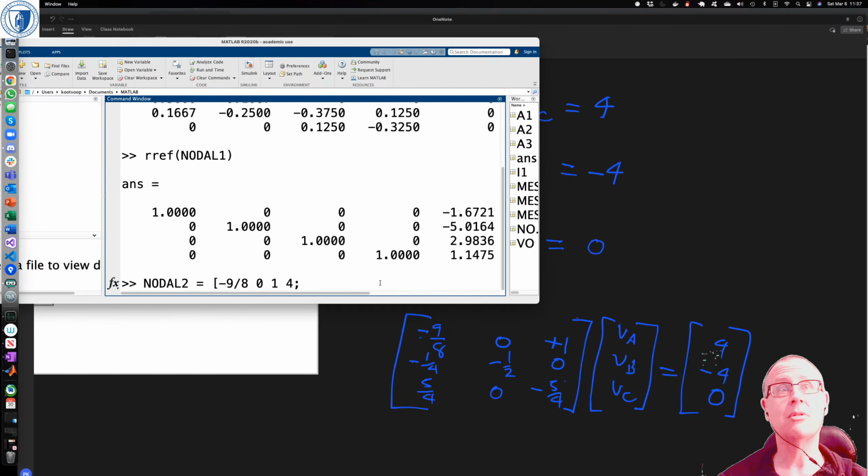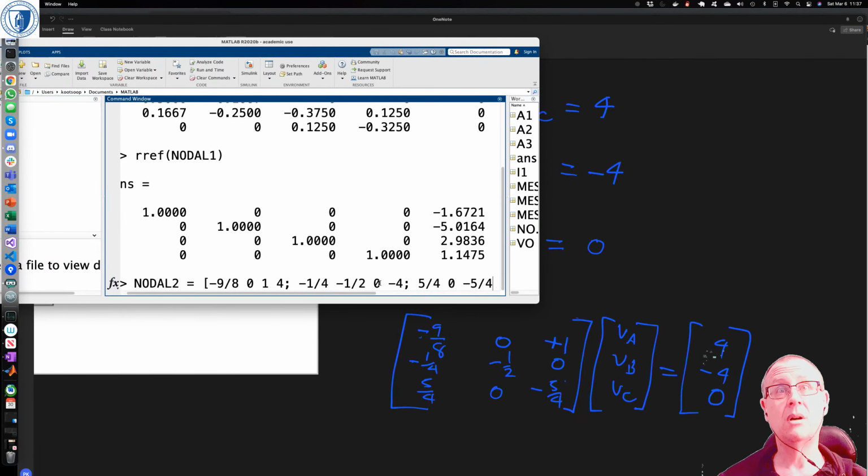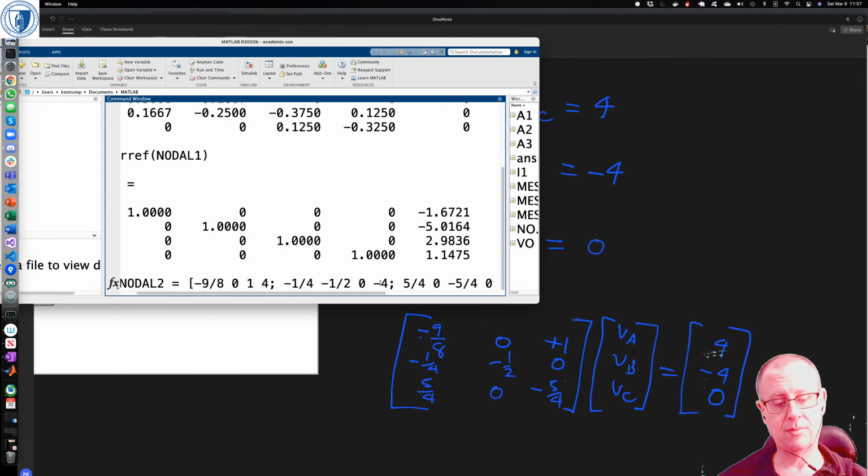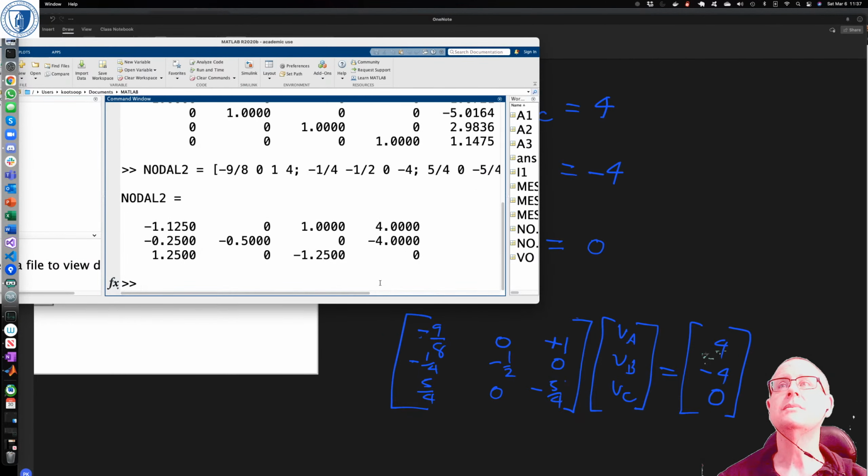I'm going to go to the RF version of the matrix now. Minus a quarter, minus a half, 0, minus 4. And 5 on 4, 0, minus 5 on 4, and then 0. Okay, I think that looks about right.